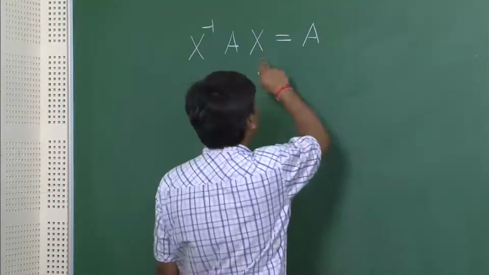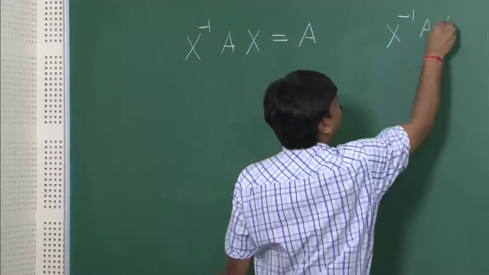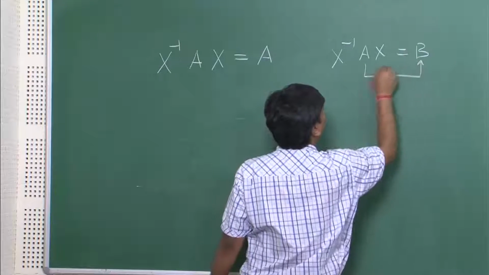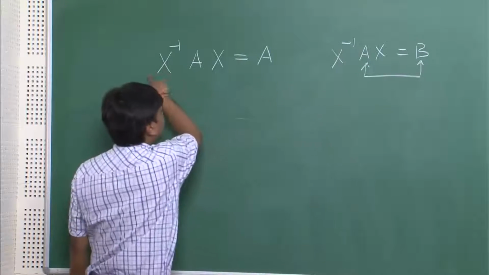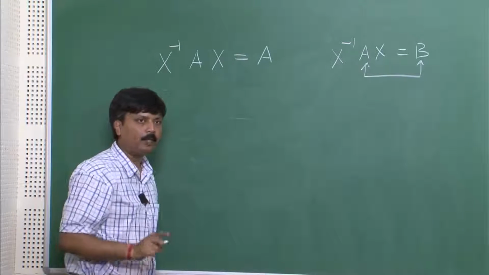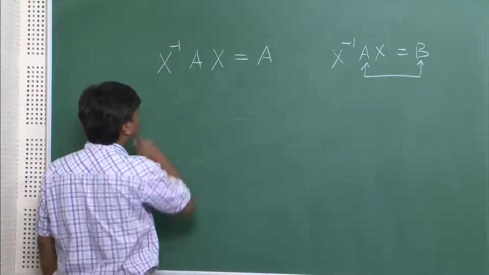Earlier we were dealing with X inverse A X equals B, and we said that B and A are conjugate of each other. If I can have this relation, that means A is conjugate to itself. How do we prove that? It can be proved very easily.